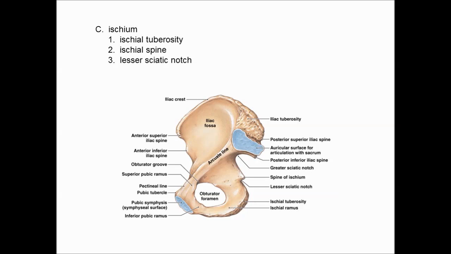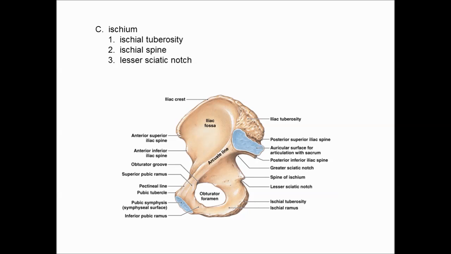So we can always easily remember that it's roughened, and that's where we sit. There is a small process above the tuberosity, a little outpocketing that they call the ischial spine. And then below that is the lesser sciatic notch, and you've probably heard about the sciatic notch, and above that is the greater sciatic notch, which we, I think, refer to in another bone.